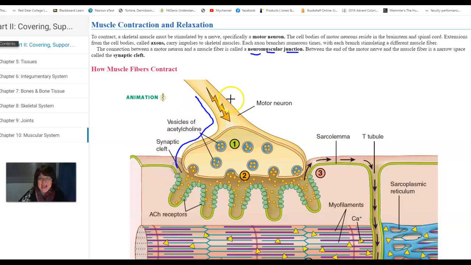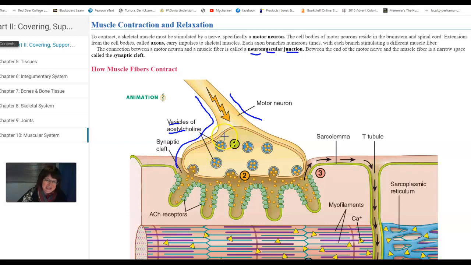The axon has what's called an axon button or an axon end. So this little lightning bolt is the action potential or the stimulus coming down the axon. Then we have vesicles, and these vesicles contain what's called the neurotransmitter. In this situation, the neurotransmitter is acetylcholine.